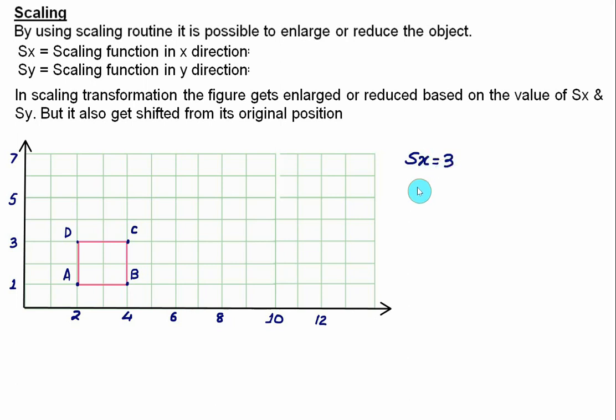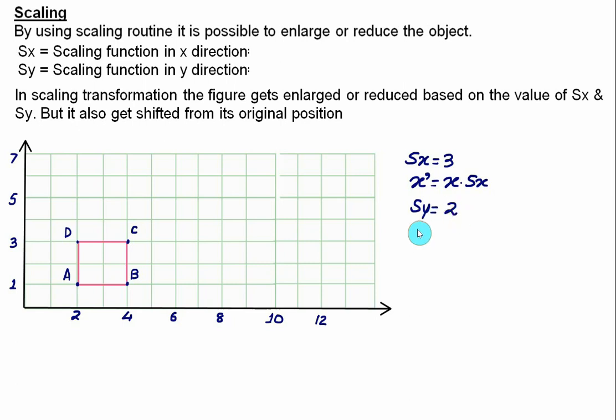In that case, we can calculate the new coordinate of the point by multiplying the original coordinate with the given scaling function along the x direction. Similarly, we have the scaling function along the y direction. Let's say, for example, the scaling function in the y direction is equal to 2.